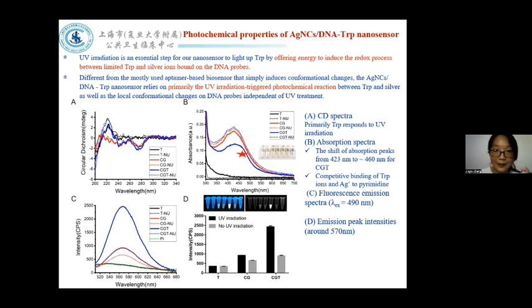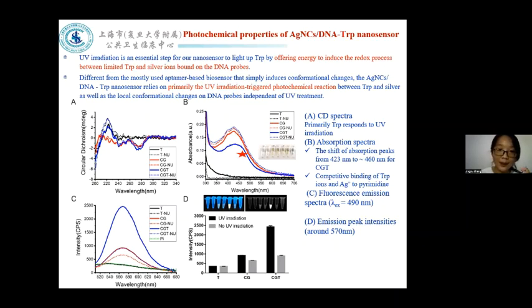And after UV irradiation, for the CGT system, there is a shift of absorption peaks from 423 nanometers to about 460 nanometers. This is the reason why silver nanoclusters can be excited to show fluorescence.